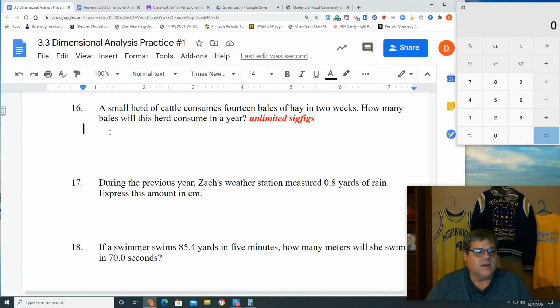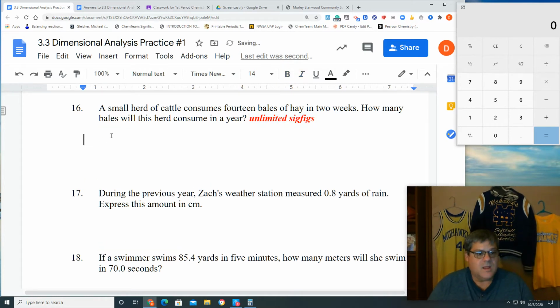So we're going to start off with what we know and what we don't know. Well, the known is our 1 year. And we also know that we have a conversion factor.